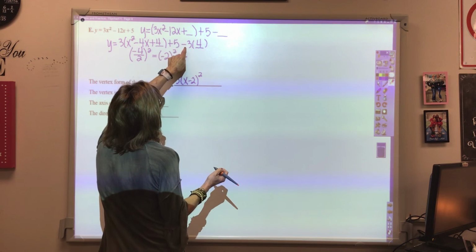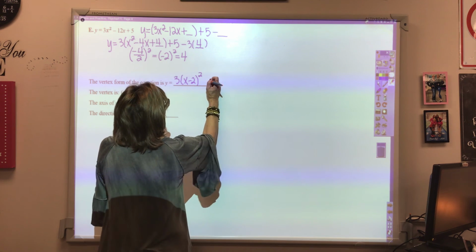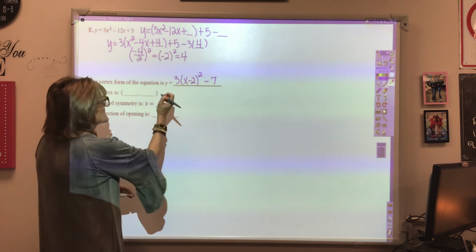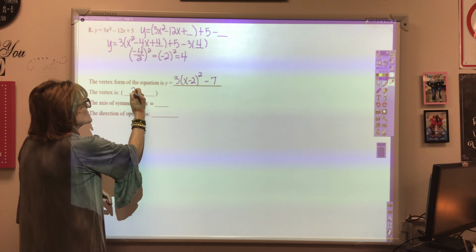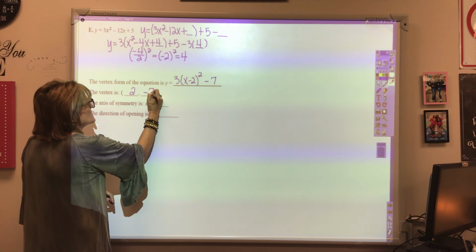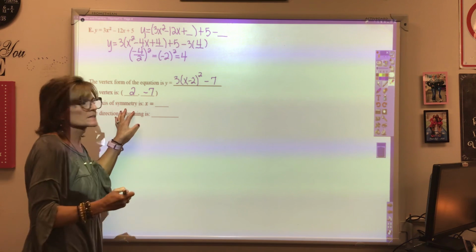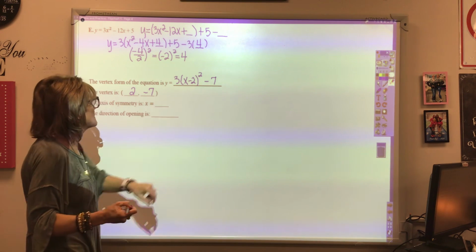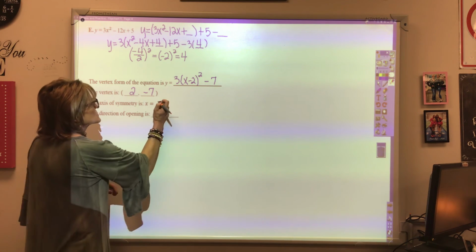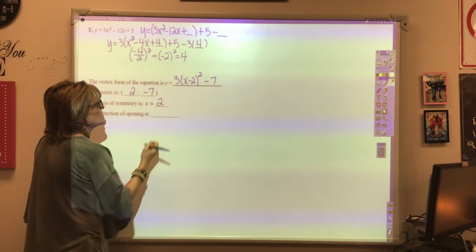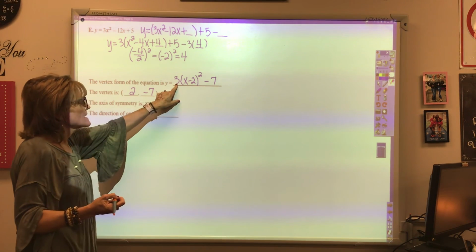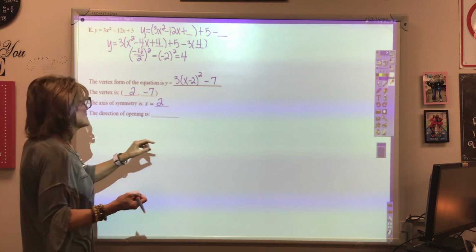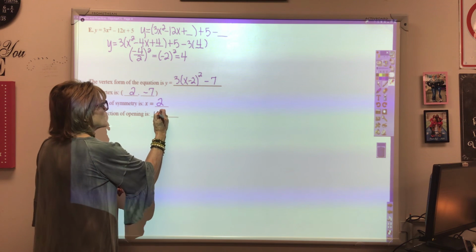Then we have 5 minus 12, so this would be minus 7. I'm sorry, our vertex is 2, the opposite here, and negative 7. The axis of symmetry is x equals 2, and since a is greater than 0, or positive, the direction of the opening is up.